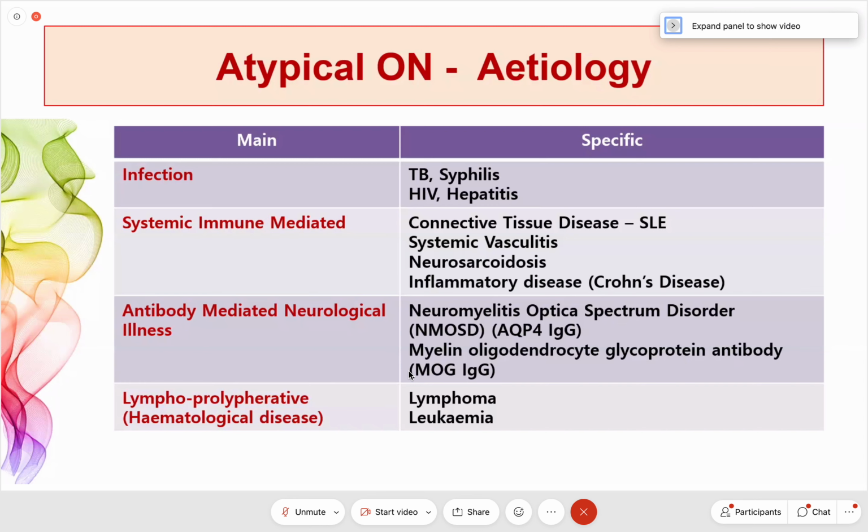Sarcoid is less, and others are a little bit rare. We can now do MOG IgG antibody testing, but it's a little bit expensive. We reserve it for patients having recurrent attacks and quite bad condition. But most of the time the treatment is quite similar.